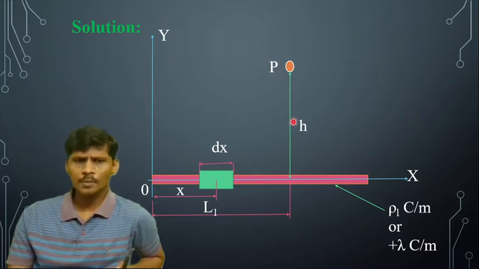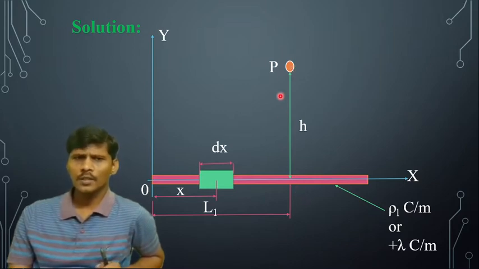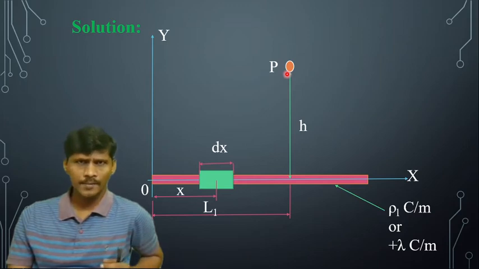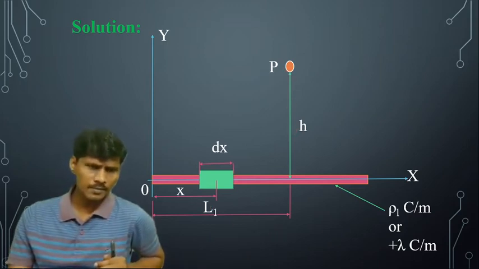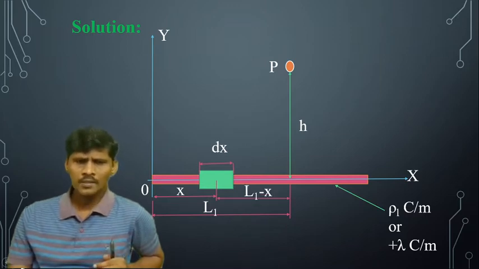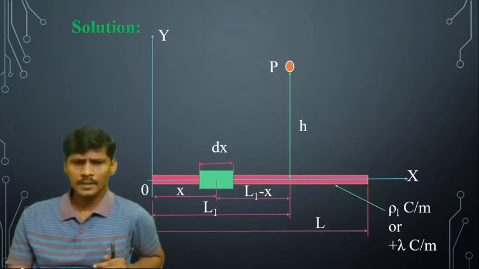Now, point P is at a perpendicular distance h from the line charge. Point P is placed in the plane, its foot is at a distance L1 meters from the origin, and the length of the line charge is capital L meters.